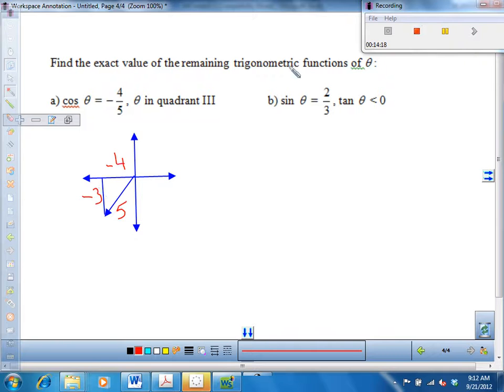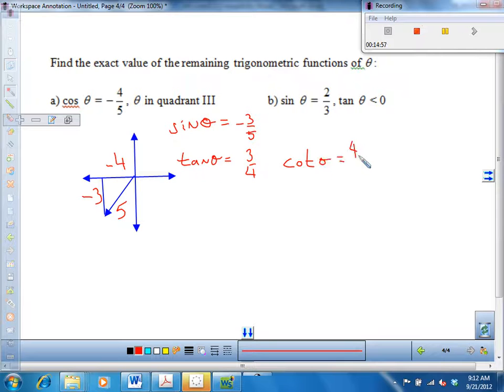So to find the remaining trig functions, all you have to do is, you should write sine of theta is negative 3 over 5. Okay? And cosine theta we got already. Okay? Tangent of theta is what? What's tangent of theta? 3/4. 3/4, right? And cotangent therefore is 4/3. Okay?